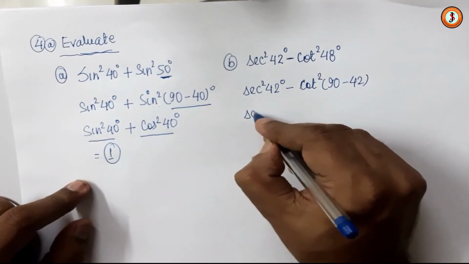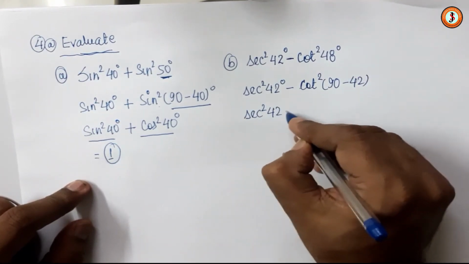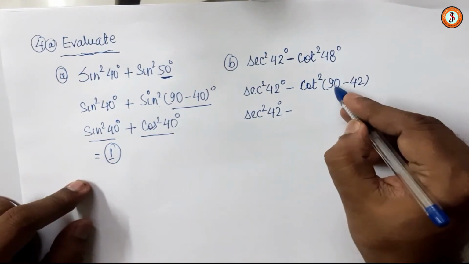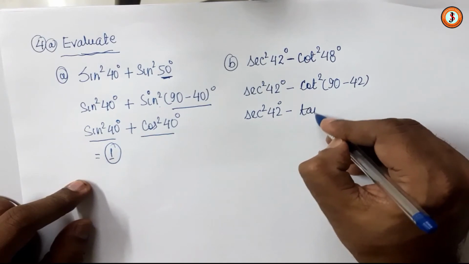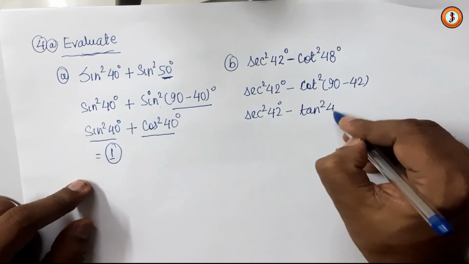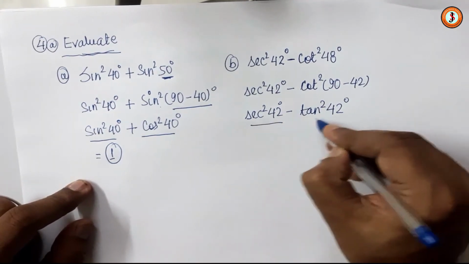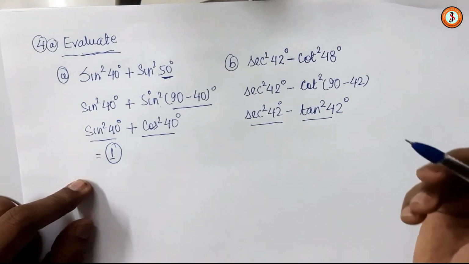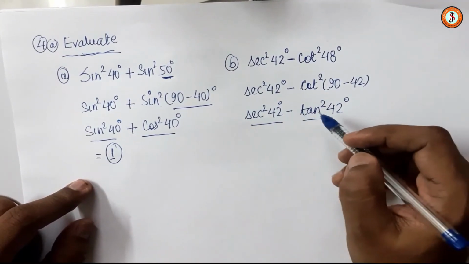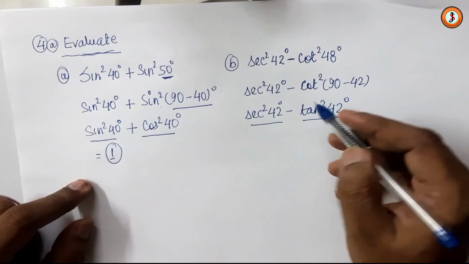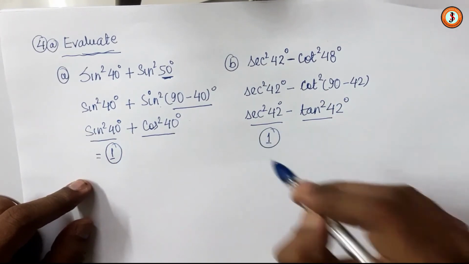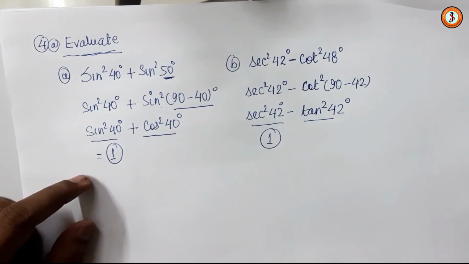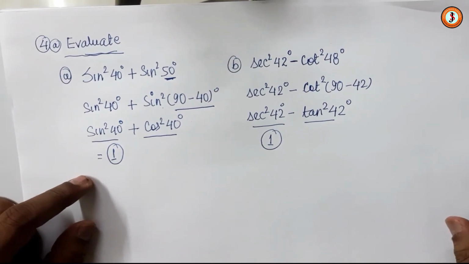Now sec square 42 minus cot square 90 minus 42 is, cot is reciprocal of tan, so tan square 42. And now sec square theta minus tan square theta is an identity. Sec square theta minus tan square theta is always 1. So this is 1. So this is how we go about these sums of complementary angle relations.